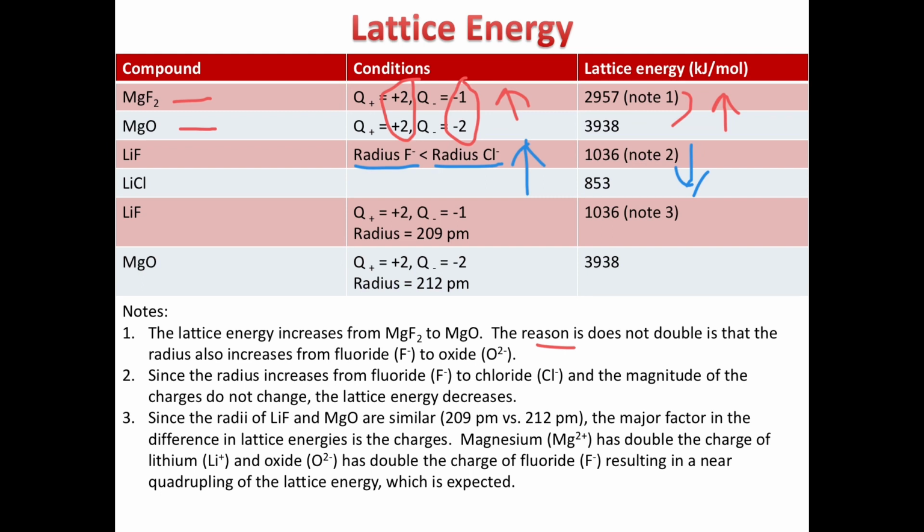Lastly, we compare lithium fluoride and magnesium oxide, which is done to show the effect of changing the magnitude of the charges without substantially changing the radius between the ions. Lithium fluoride has a radius of 209 picometers, while magnesium oxide has a similar radius, being only 212 picometers.